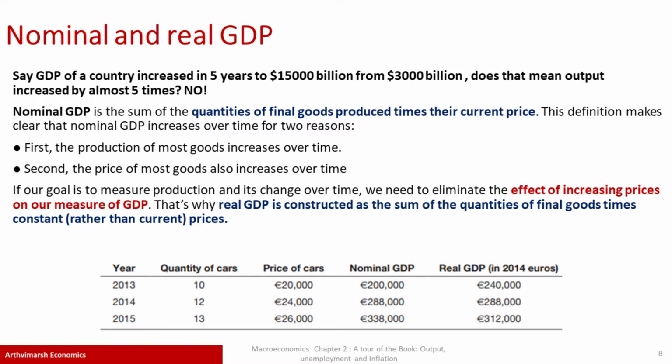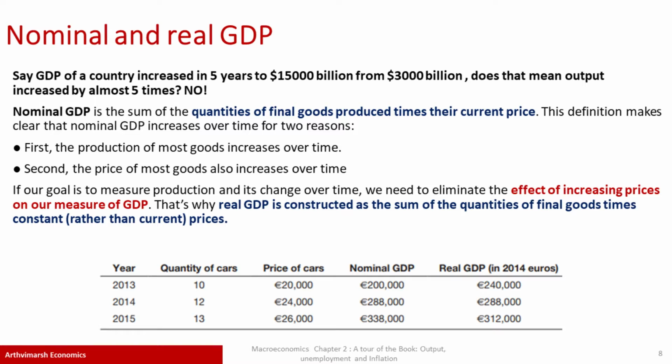Consider an economy that only produces cars, and to avoid issues we shall tackle later, assume that the same model is produced every year. So there is uniform homogeneous production going on. Suppose the number and the price of cars in the 3 successive years are given as follows in the table, that is for 2013, 2014 and 2015.